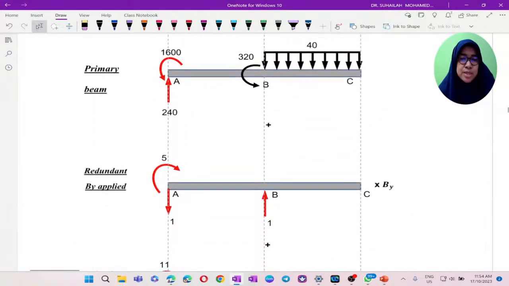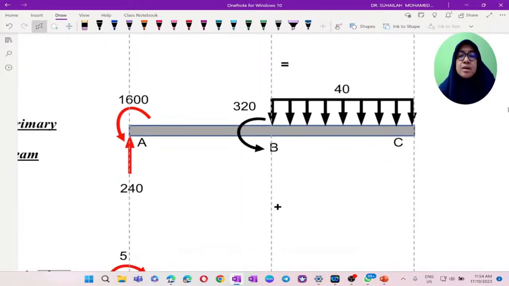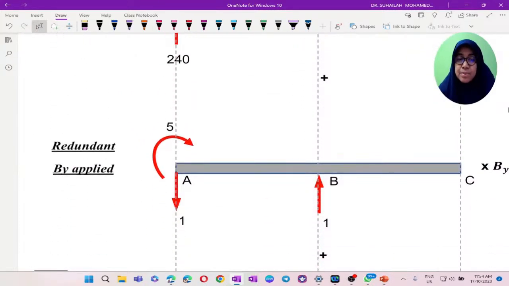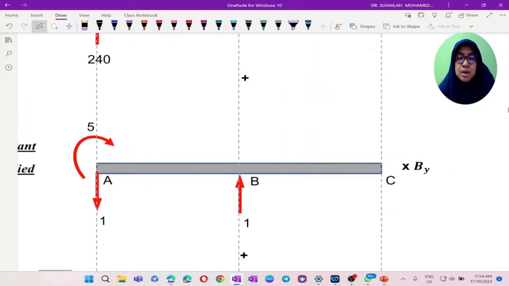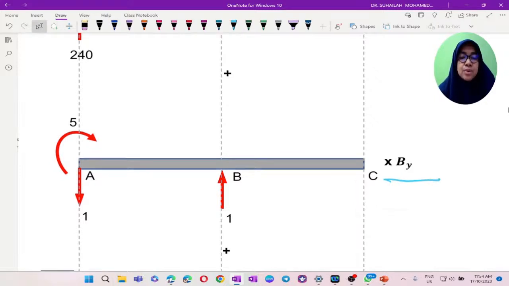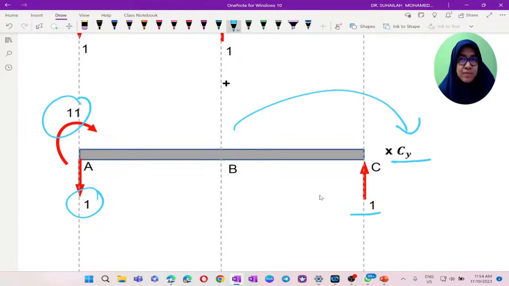Just look back at this. We have the primary beam, where we have the reactions 240 and negative 1600. This is the reaction in the primary beam. And with redundant By applied, we have reactions -1 and 5. All of this, don't forget, we have to multiply with By, the value that we get. We also have the reaction due to a unit value of Cy, which we also have to multiply with the Cy value.